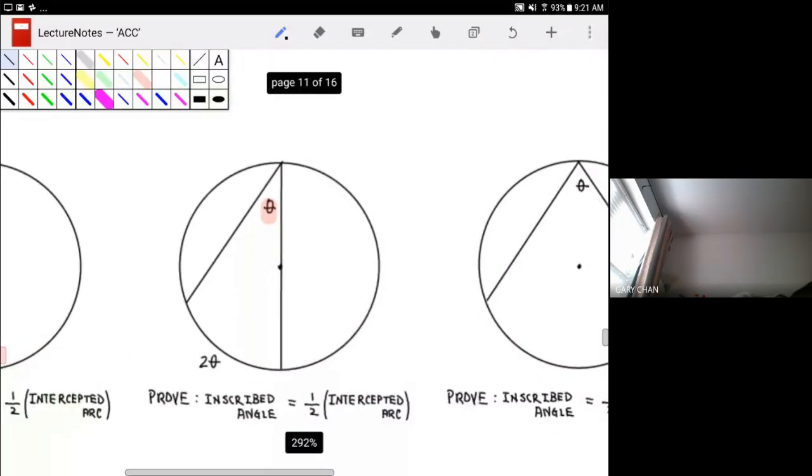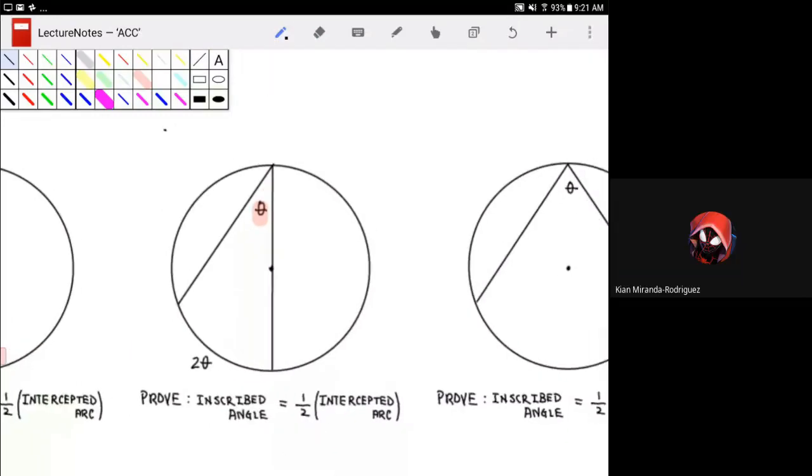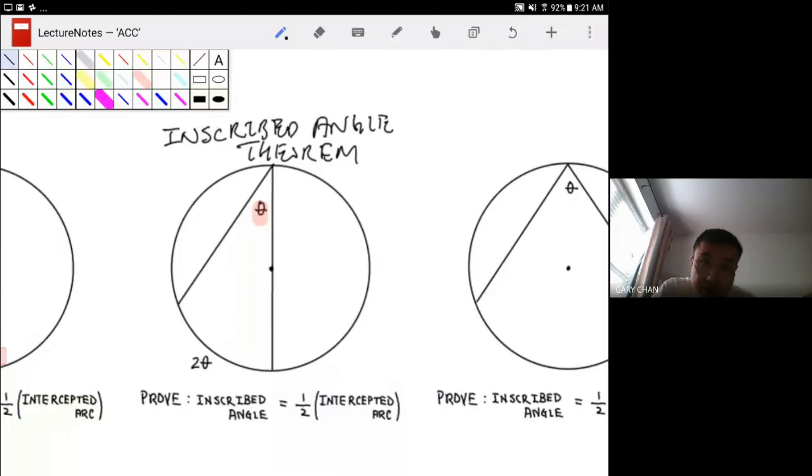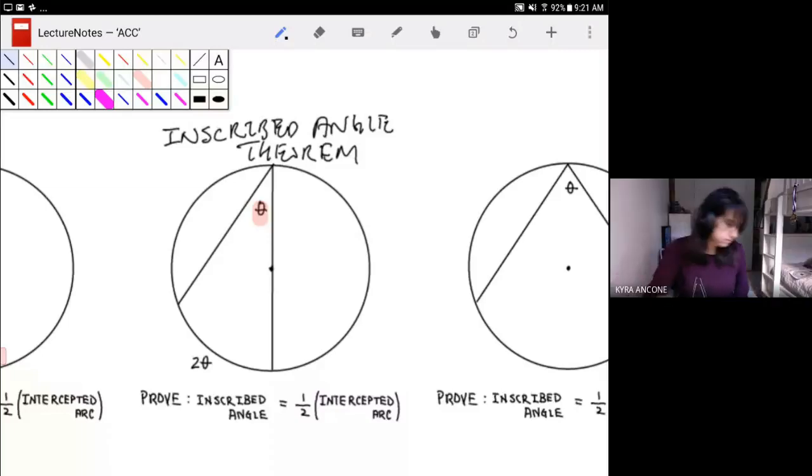It's not similar to it because, hold on. This is the inscribed angle theorem. This is not similar to the exterior angle theorem because here in this case we're dealing with 2 chords, right?